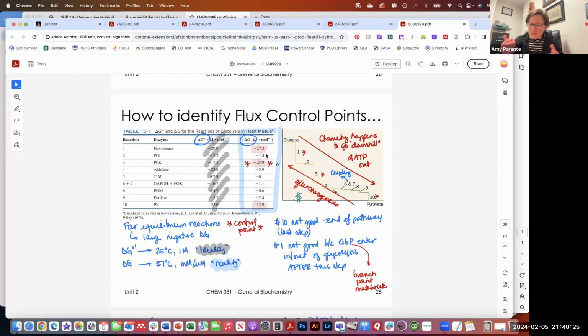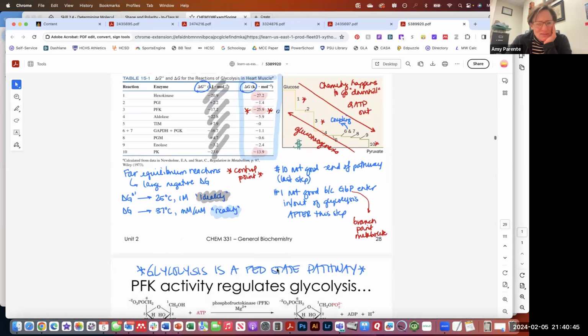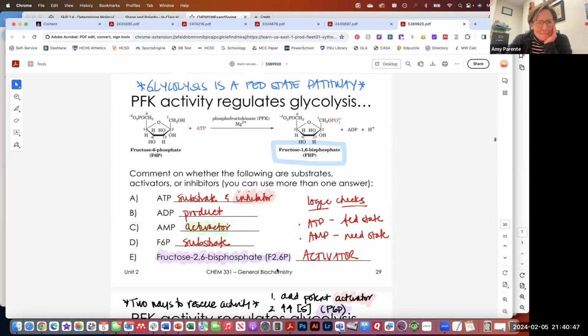So that's one of those big picture things to remember. And of course, controlling things at the end doesn't make any sense, okay? So that's one of those important things to be thinking about. You might be asked in a fictitious metabolic pathway to help make those determinations. I don't think there's anything else to highlight from that slide.